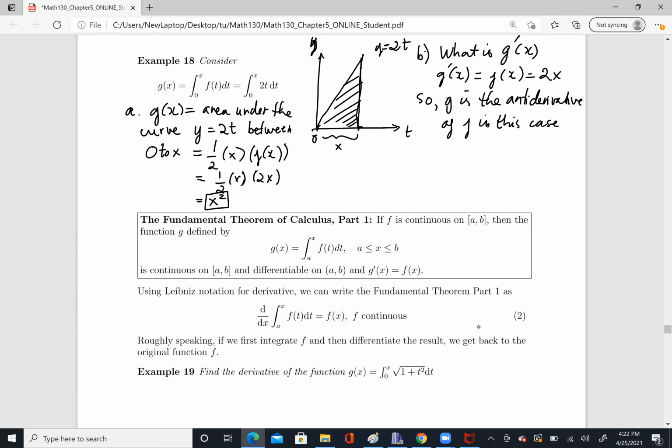This fundamental theorem part 1 will tell you the way to convert a function with another variable to another variable. Okay, and it is continuous on the interval from a to b and differentiable on a to b, and g'(x) will be equal to f(x).